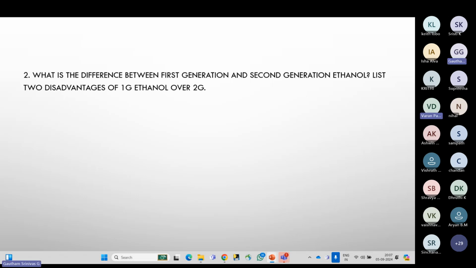That is again a debate on food versus fuel. Okay, so let me tell you. In 1G ethanol, you are using the grain directly, which is the main product, to produce ethanol. Let's say you are using rice to produce ethanol.